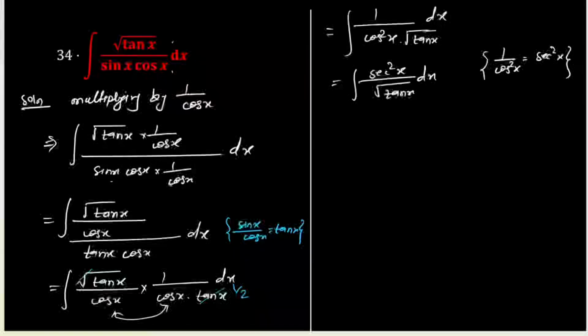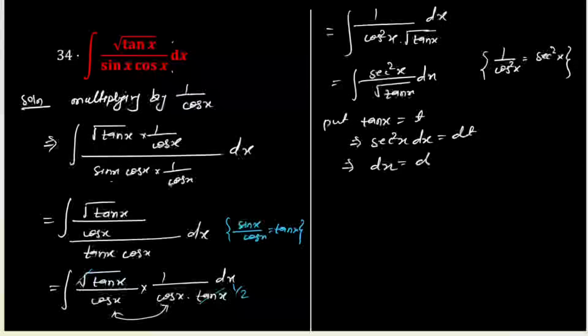Finally, we apply the substitution method. So we put tan x is equal to t, and differentiating with respect to x, we get sec squared x dx is equal to dt. Therefore, dx is equal to dt by sec squared x. So the given integral becomes sec x by root under t, and dx is equal to dt by sec squared x.